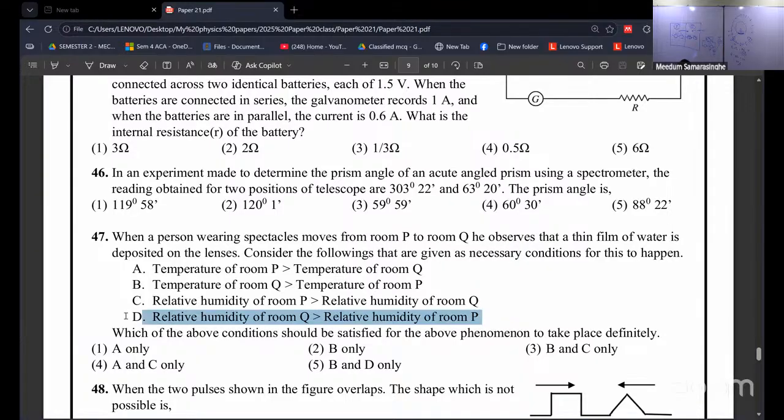The only thing is the temperature of that room should be lesser in room P. So answer B only, B correct.